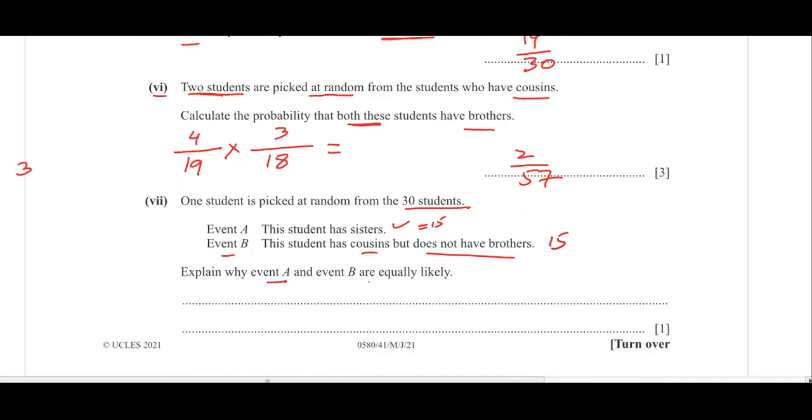Explain why event A and B are equally likely. Look at them. When I wrote their numbers, they have equal numbers. As both event A and event B have equal numbers, obviously their chances of occurring are equal.